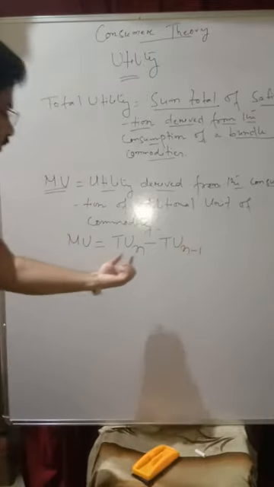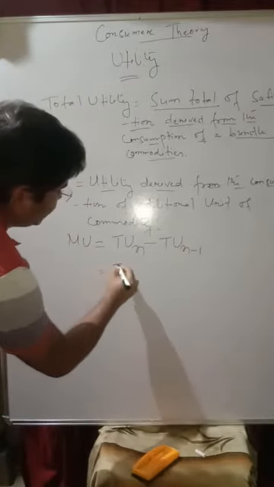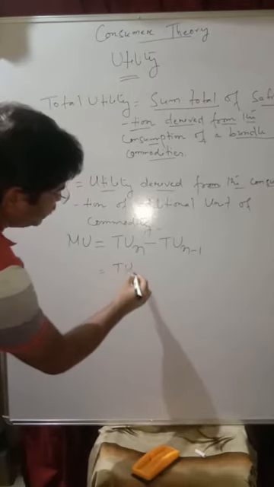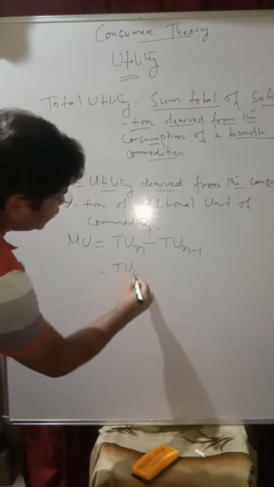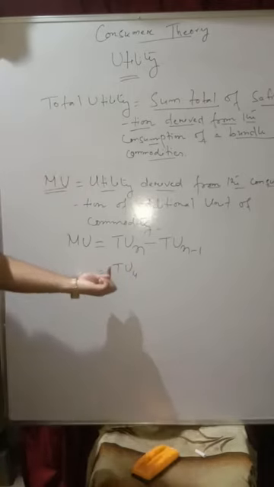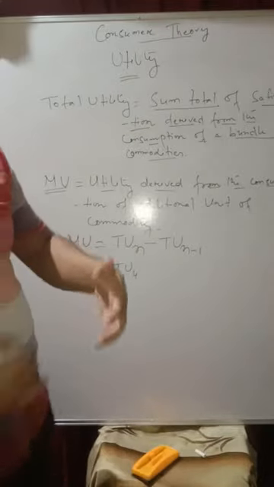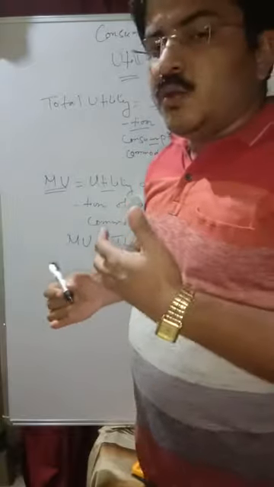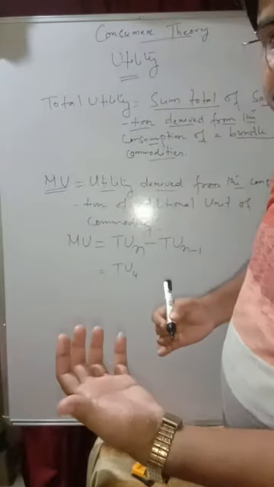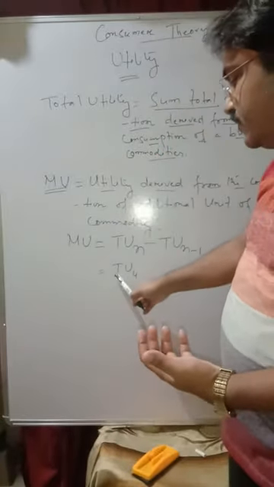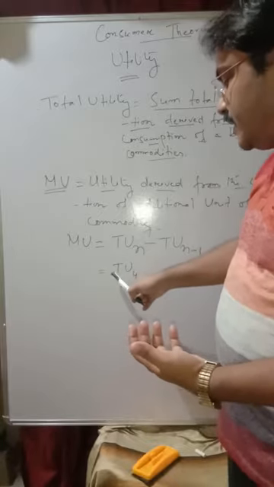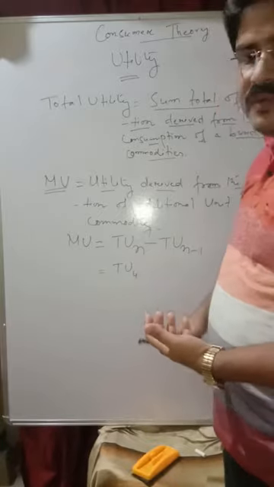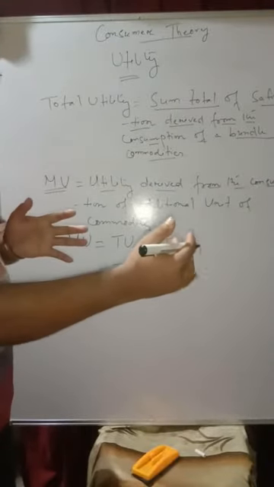That is, suppose the total utility from the fourth unit of your consumption, when you are successively consuming sweets one after another, at the fourth unit of your consumption, the total utility that you are deriving is called the total utility from the fourth unit, and n minus 1, that is the previous one, is the total utility derived from the previous unit.